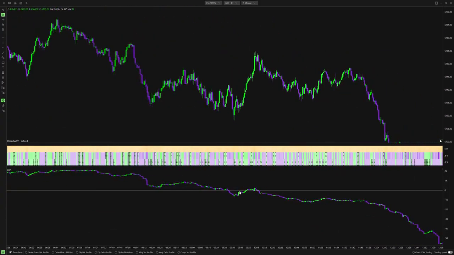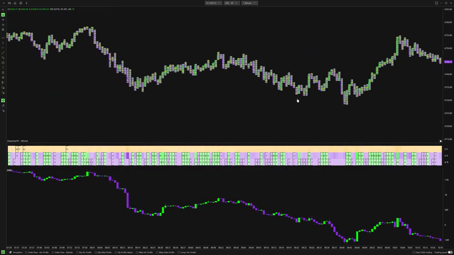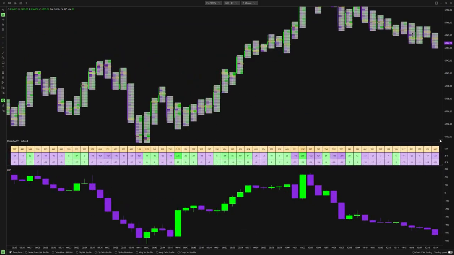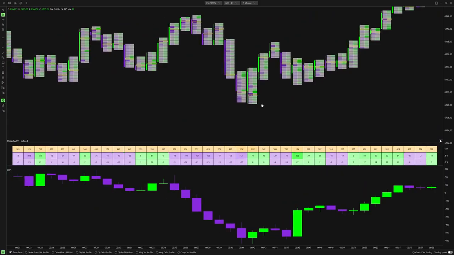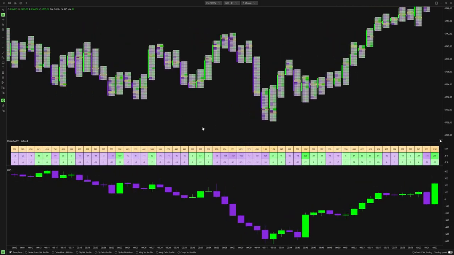So, for example, in a situation like this one, you could notice that during this situation where you had one swing low, a swing slightly lower, and then a high, what did you have from the volume delta?